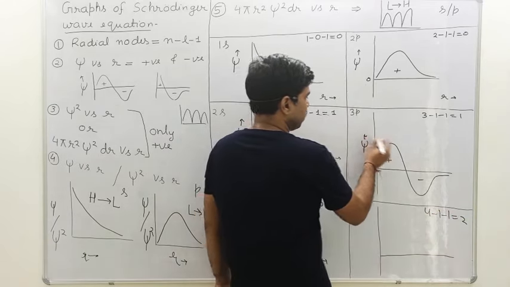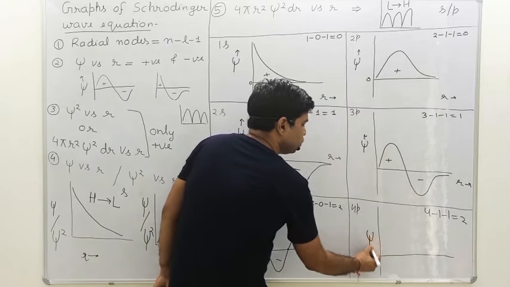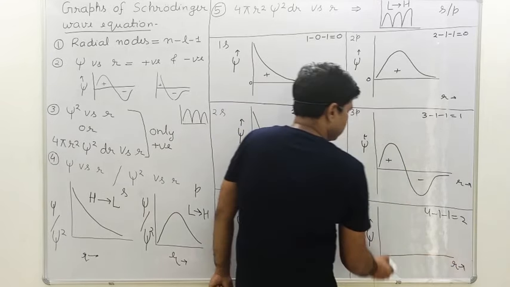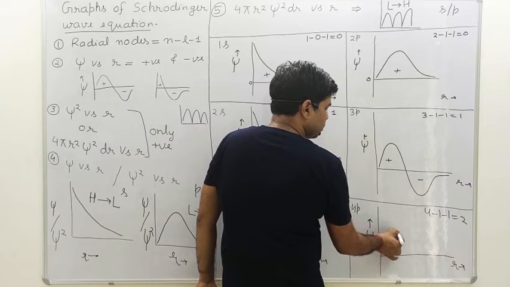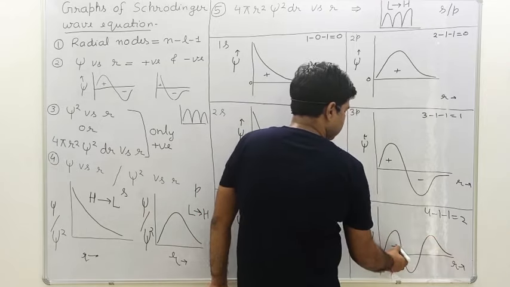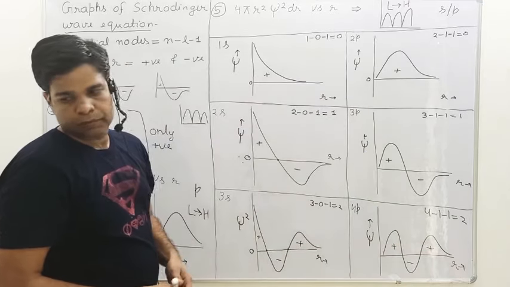So in the graph of psi versus r of the 4p, you have to make the psi value equal to 0 two times, 1 time and 2 times. Now it cannot be 0 again. So this is the graph of 4p.